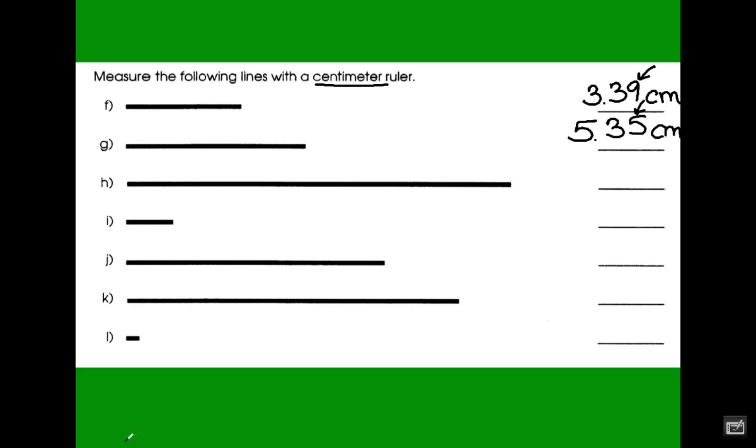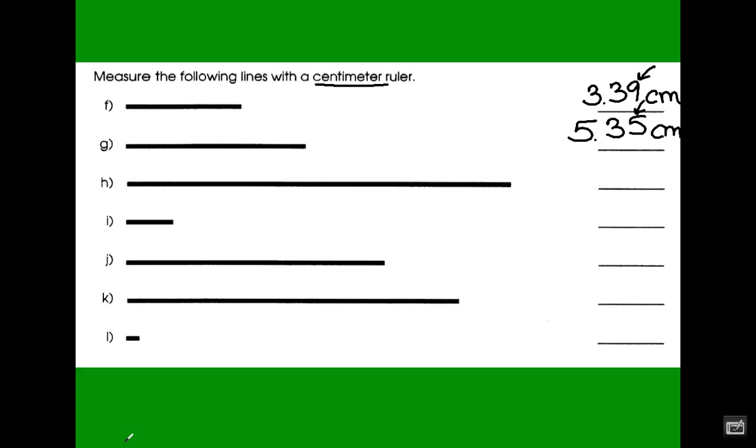It is also possible that when working with your lab partner, you could find that your measurement is slightly different from your lab partner's. And that's fine, as long as it's reasonable. If you get two numbers that are way different from each other, you may want to have it measured a third time just to double check.